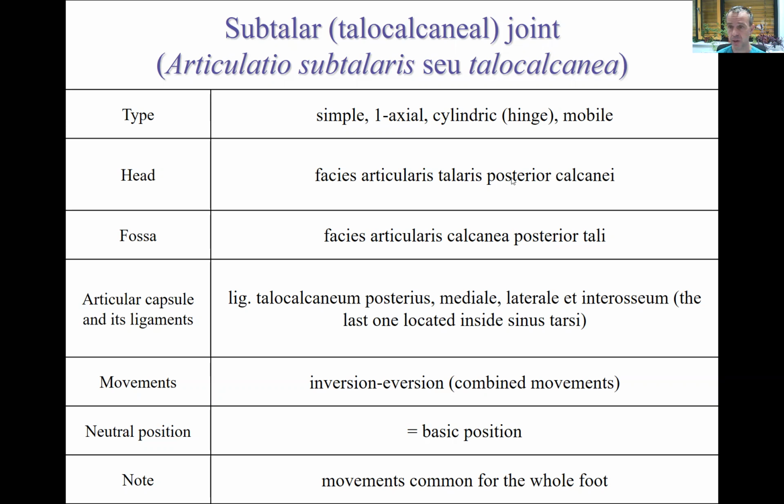The head is the posterior talar articular surface of the calcaneus, and it looks like that. And then, of course, the surface on the talus for the calcaneus, that means the posterior calcaneal articular surface of the talus, is similar.